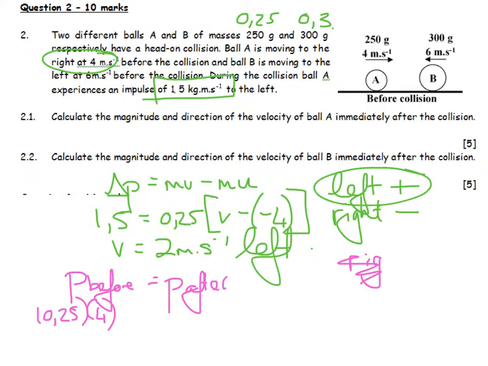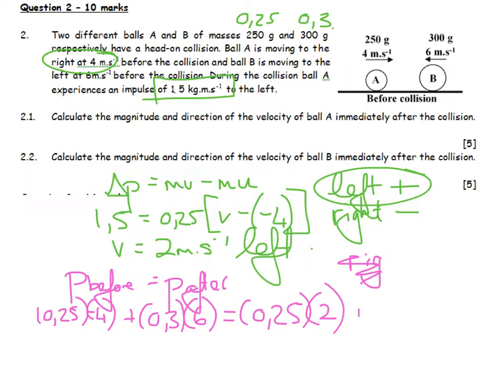So to the right is negative, so I'll put a -4 in there, plus 0,6 to the left is positive, is equal to 0,25, change that, plus 0,3. And when I re-evaluate all of that, I come out with a positive answer again, and it's 1 meter per second to the left.